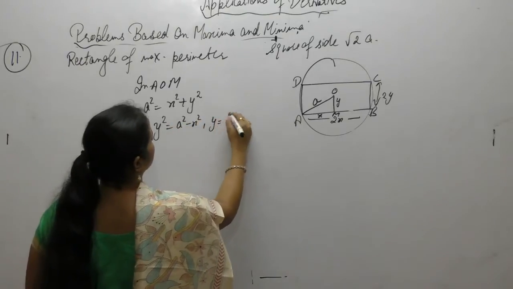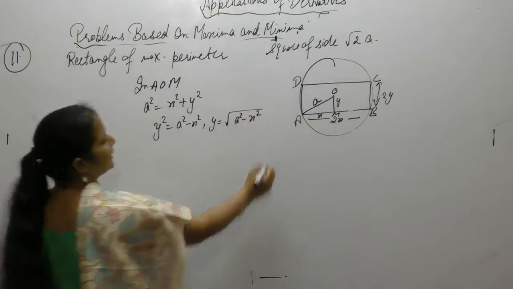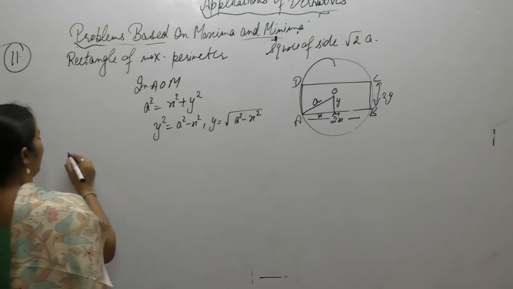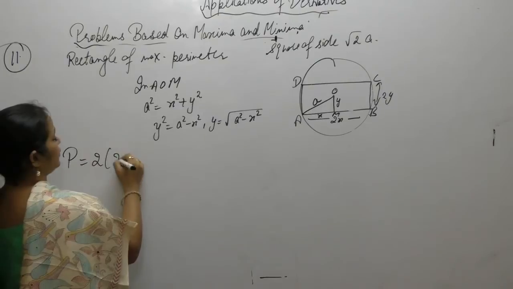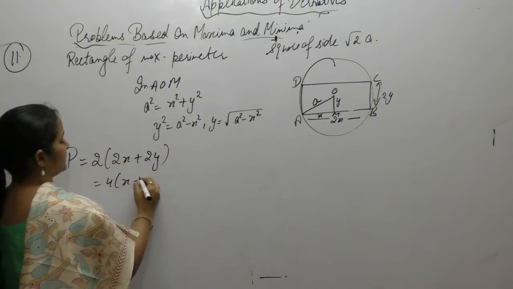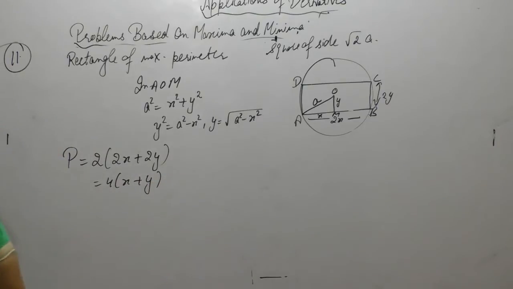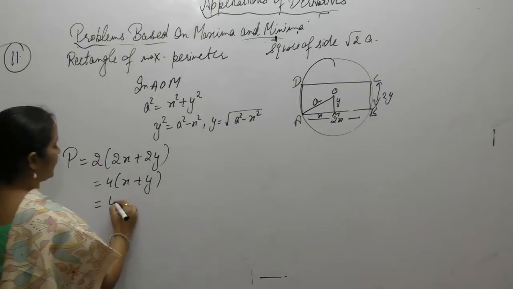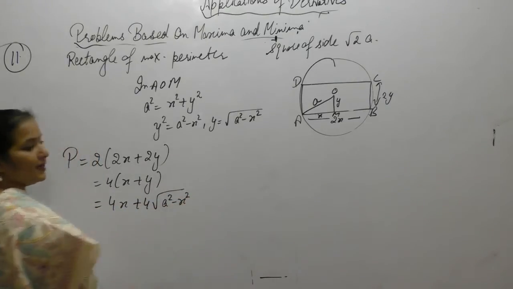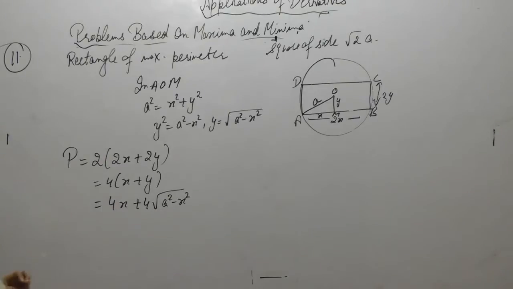We get y as root of a square minus x square. Now the perimeter of a rectangle is 2 times length plus breadth. So 4 times x plus y, that is 4x plus 4y, where y is the square root of a square minus x square.